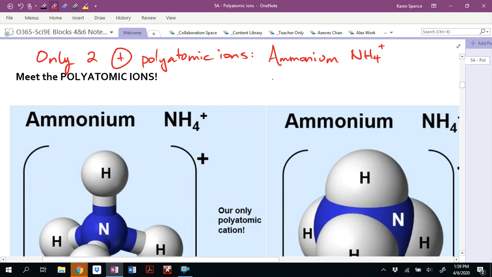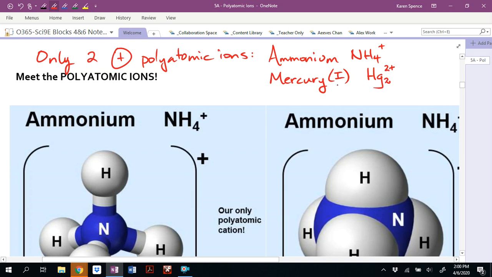And the other one is mercury 1, which is a really bizarre little thing. Metals don't normally do this, but this metal does. The symbol for mercury is Hg, and it never comes as a singleton. It always comes as a little pair of atoms, and it has a 2+ charge. Now, why on earth would that be mercury 1?